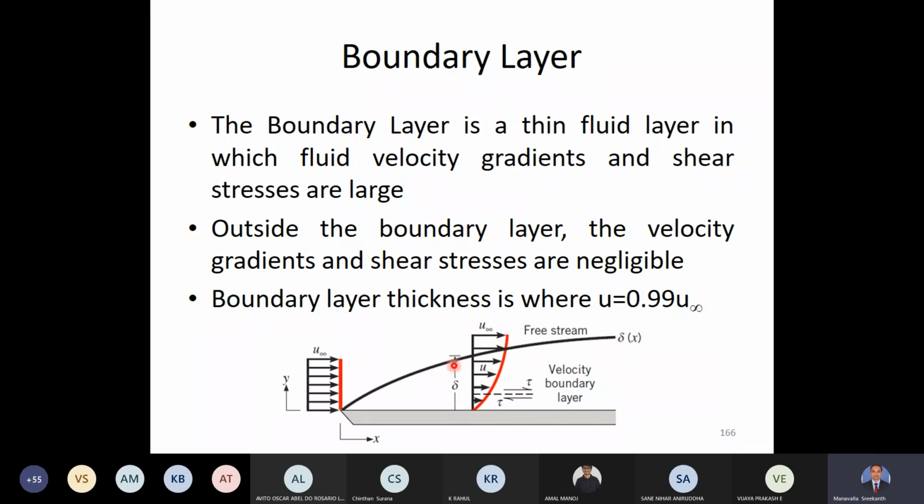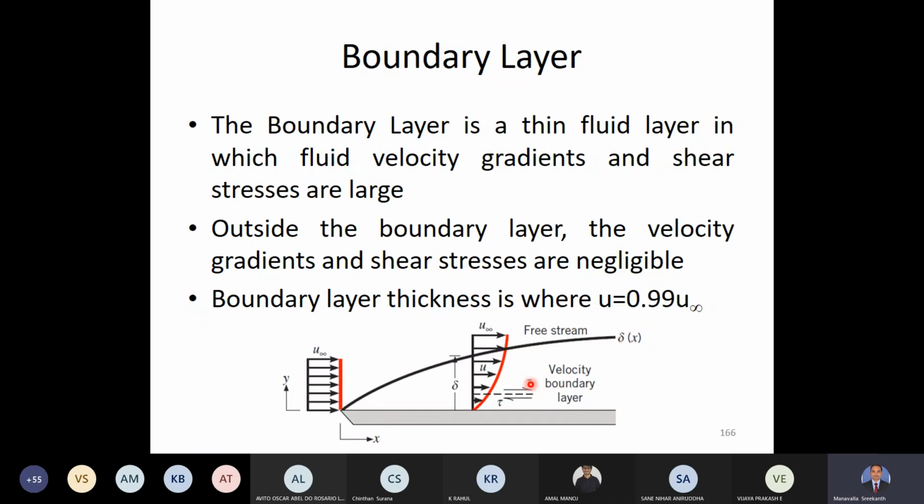Now you can see that here the boundary layer thickness is small, but as you move along the x direction, the boundary layer thickness is increasing. So the boundary layer thickness is basically a function of the plate length. As you move along the direction of the plate length, the boundary layer thickness keeps increasing.